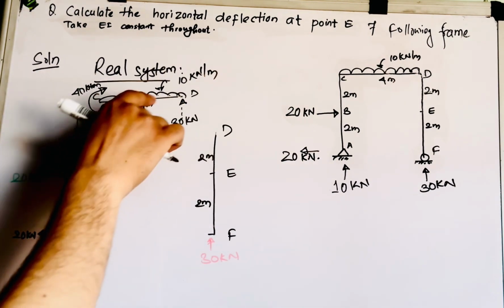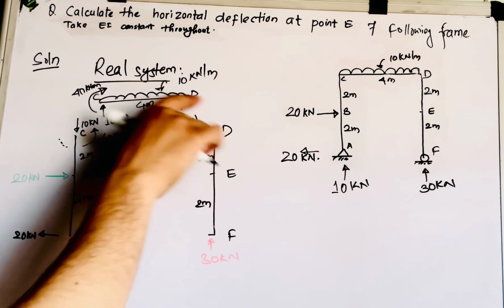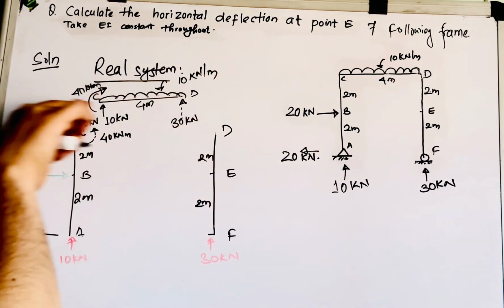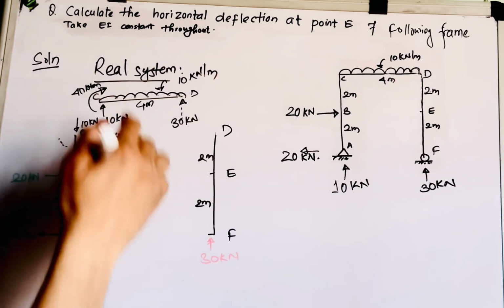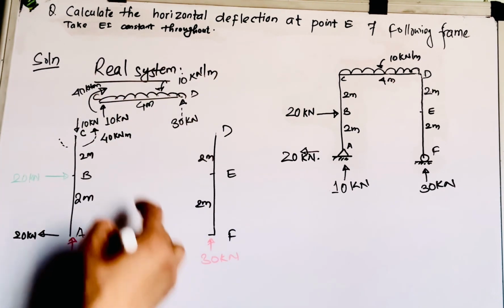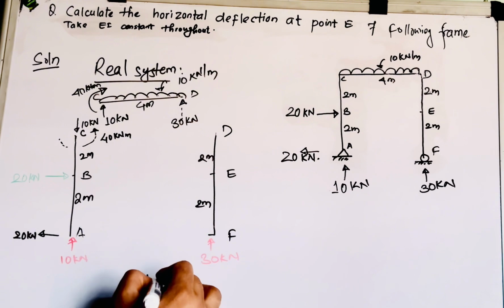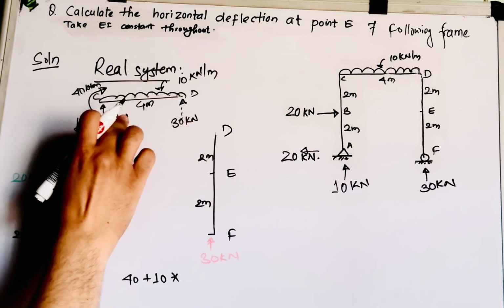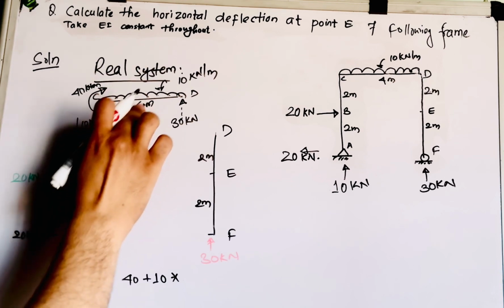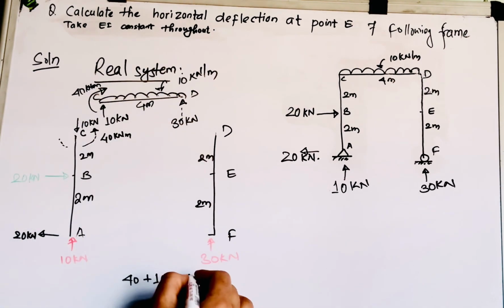Yes, so now you have to balance the moment as well. There is no axial force here. So the moment is 40, right? 40 clockwise. Again 10 into this distance, this distance is 4, so 10 into 4, 40.